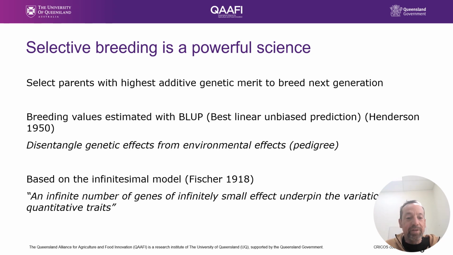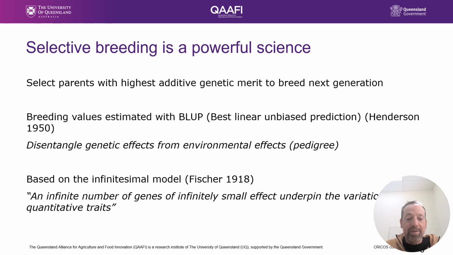And what we're doing here with the best linear unbiased prediction is disentangling in the phenotype the genetic effects from the environmental effects. So we get an estimate of just the genetic effects that are going to be passed on to the next generation.